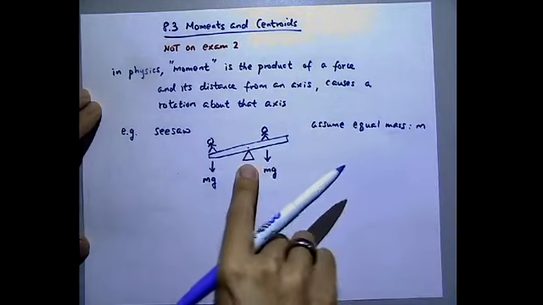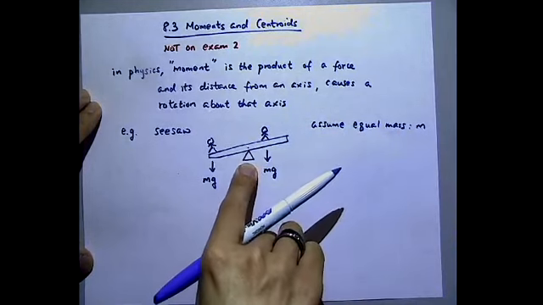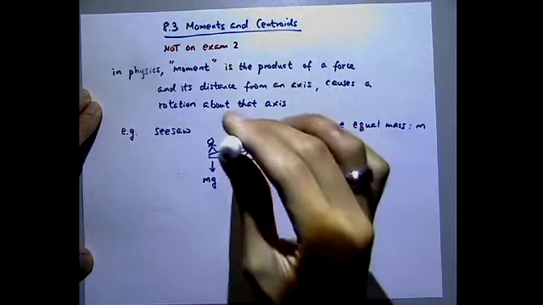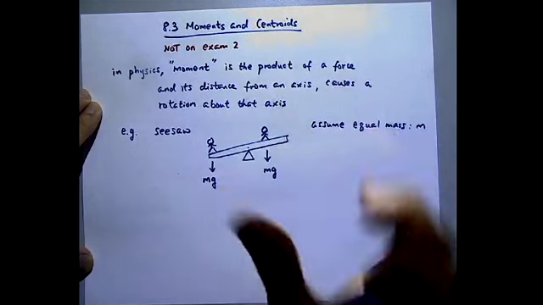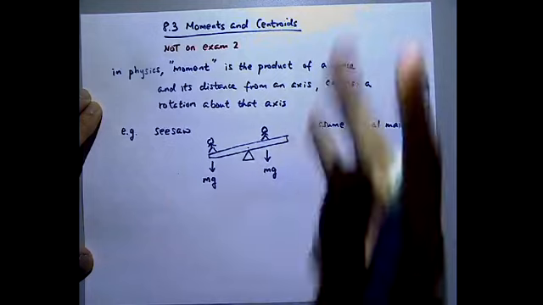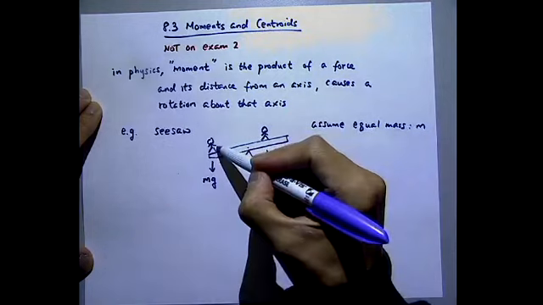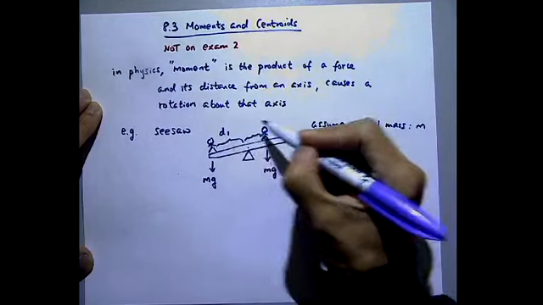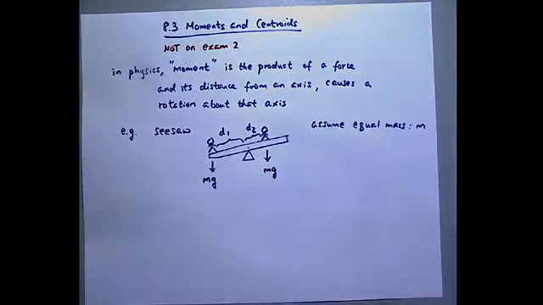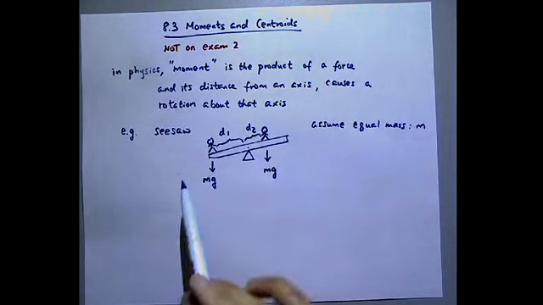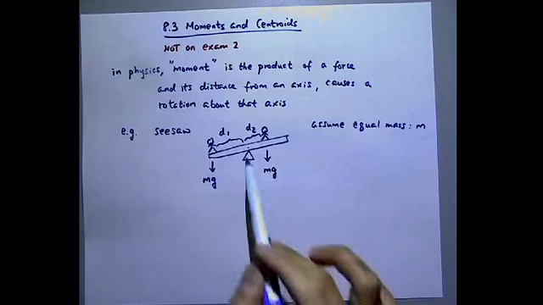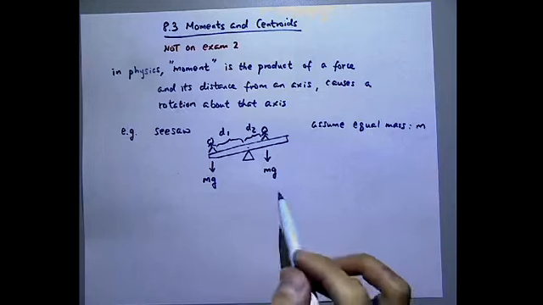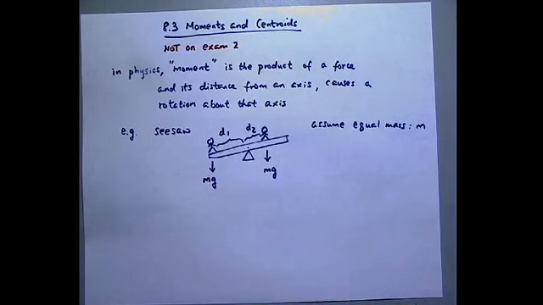The axis of rotation is right above this balancing point here, and the axis will be coming out of the page. So we all know this is going to cause some kind of rotation in this kind of configuration. And what causes that rotation is the moment from these two people. Let's say the first person is at a distance d1 from the fulcrum here, and the second person is at a distance of d2 from the fulcrum.